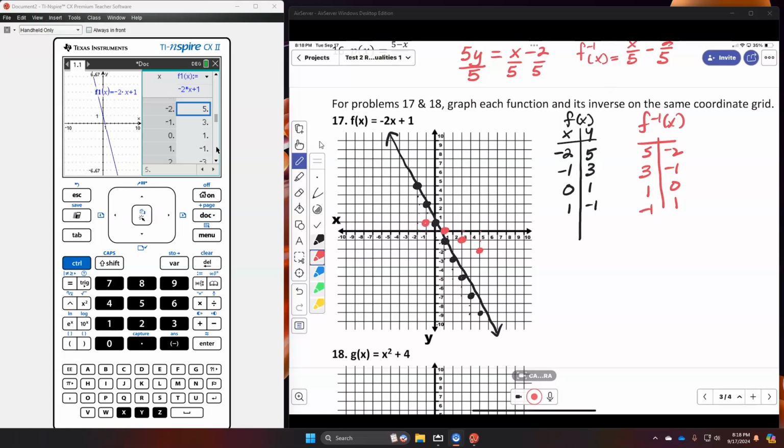And you notice the slope is up 1 over 2, up 1 over 2, or down 1 over 2. Connect the points. And we know that the mirror is going to be y equals x, right? So you got to draw the mirror. That's always true, y equals x. This is the mirror. And there's our graph and our inverse.